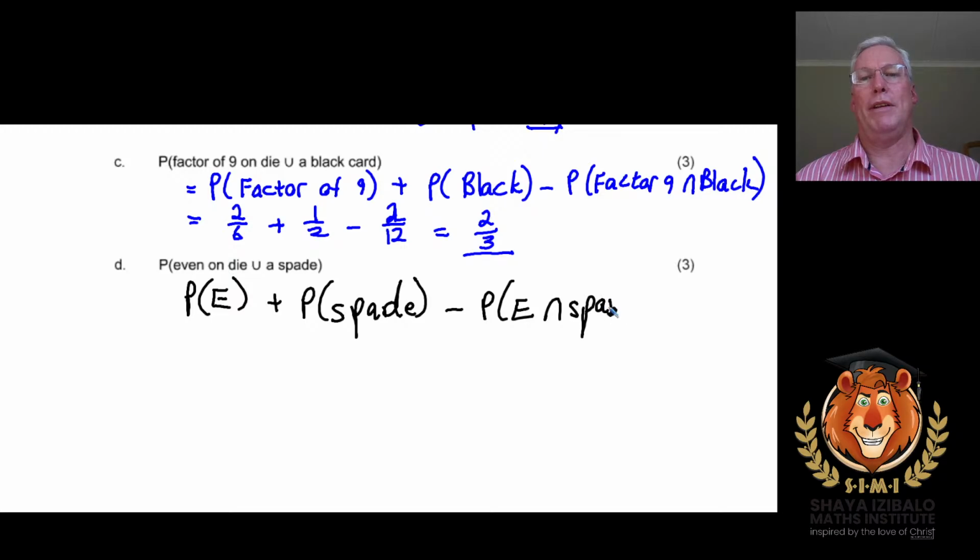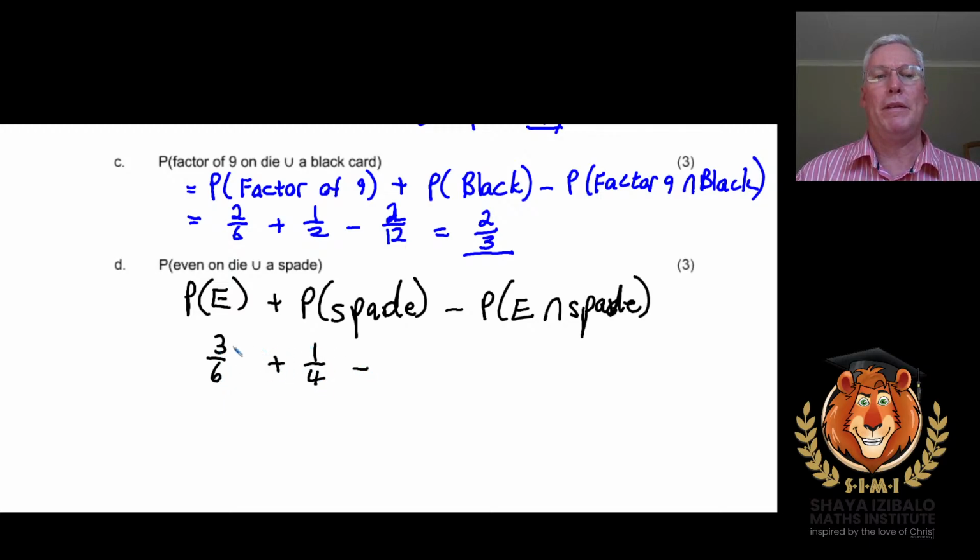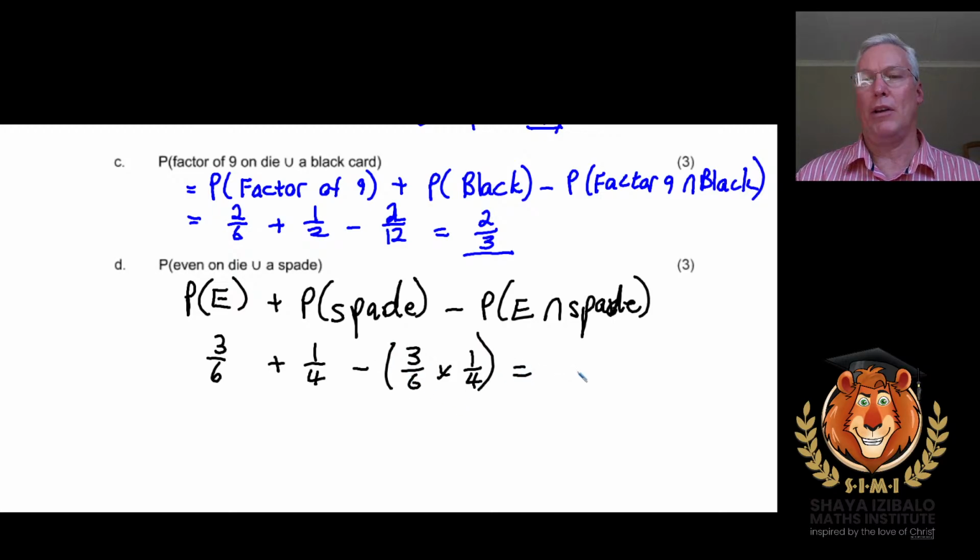Right, so the probability of an even, easy, 2, 4, 6, 3 out of 6. The probability of a spade is 1 out of 4. And the probability of both will be the product. So it'll be 3/6 times a quarter because they are independent things. Slot all of that into a calculator and we get 3/8. Okay. Onwards and upwards to question 2.